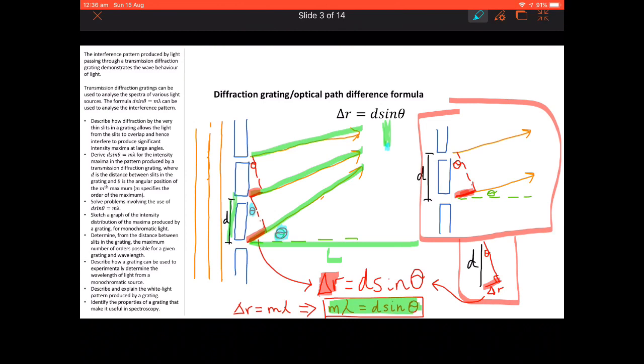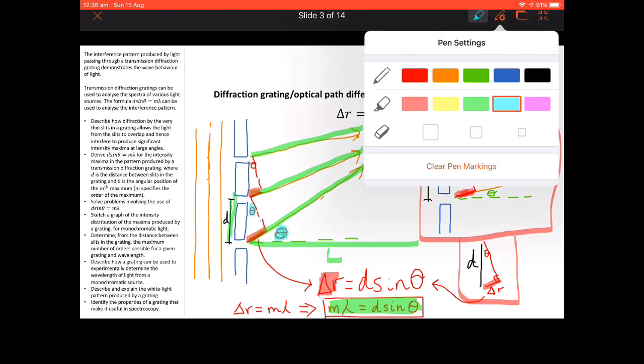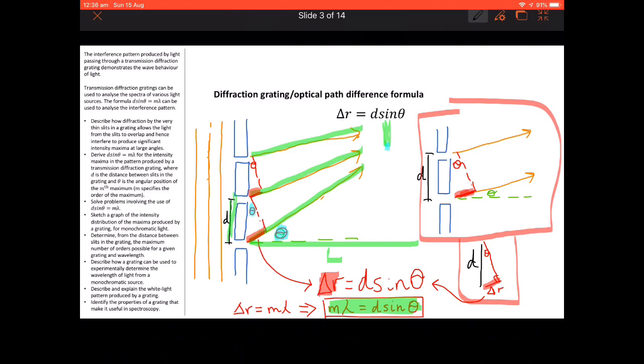If you think about your triangle here, we've got theta, we've got a right angle here, and then we've got whatever other angle here. So if we now think about our straight line, we've got a theta here, this here is a right angle.